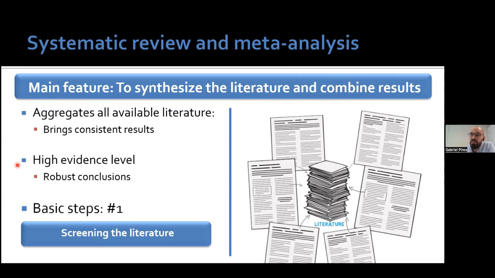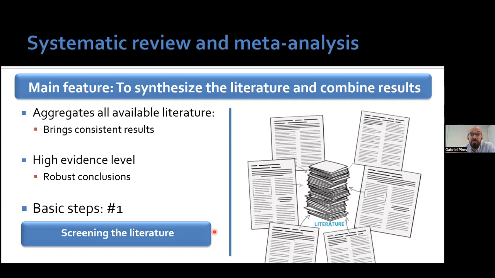And if we can summarize the whole process of a systematic review and meta-analysis into three steps, and this is very simplified, the first step is to screen the literature. We have to screen deeply the literature to assure that we are able to find every possible study, every possible randomized controlled trial, if we're sticking to this type of methodological design, every possible preprint article for things that haven't been published yet.